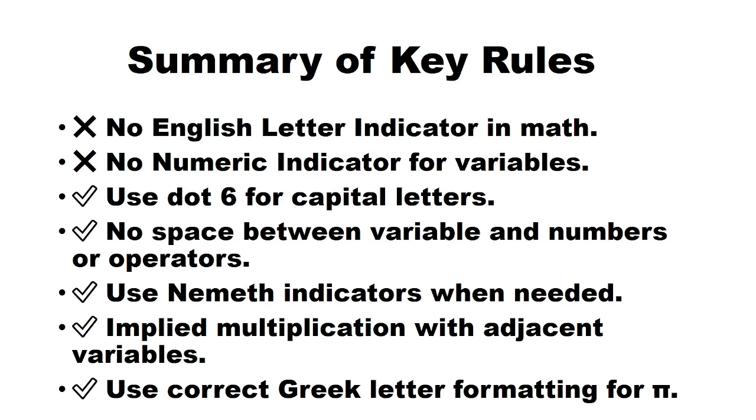We should have no space between variables and numbers, and also between variables and operators. And we use Nemeth indicators when needed. If you have variables adjacent to each other, then there is an implied multiplication. And for pi, we need to use the correct Greek letter formatting, which is treated as a variable also.